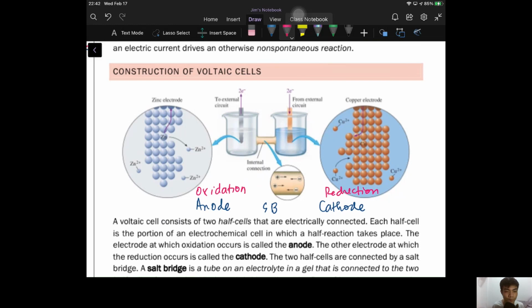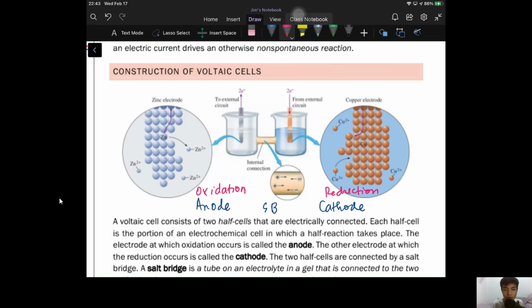Okay? So, ano pala yung purpose ng salt bridge? Na-skip ko siya. So, the purpose of salt bridge is just to maintain electrical neutrality. So, para balance yung charges. Hindi siya magpa-participate sa pagbigay ng electrons. Ang ginagawa niya lang is to maintain the positive and the negative charges even.